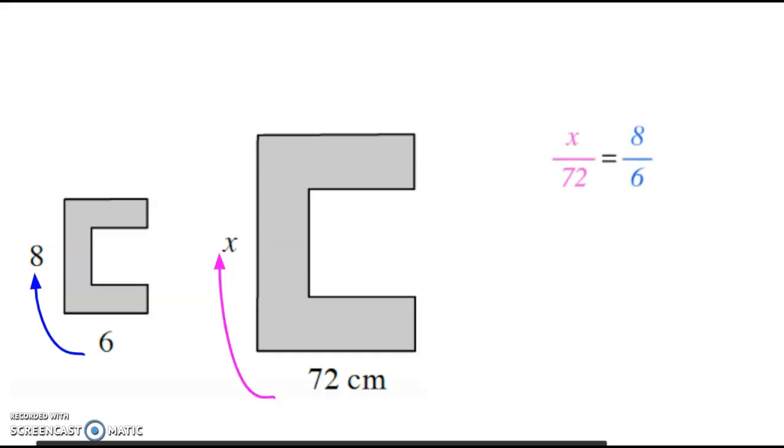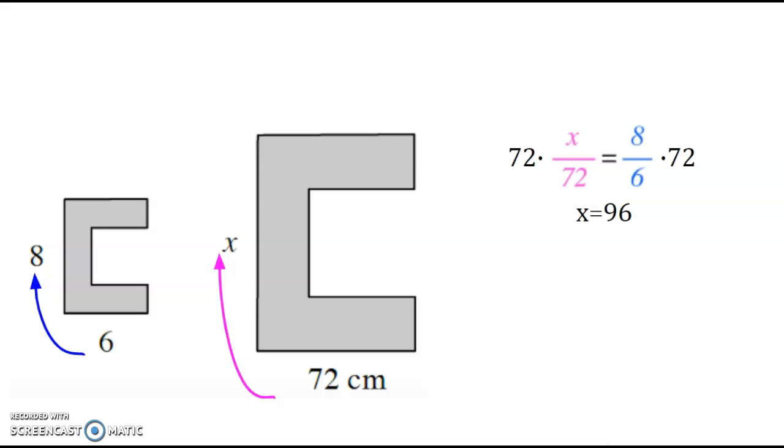I can also set this up as x divided by 72. What does x correspond to in the other polygon? It's 8. So 8 occurs at the top, followed by divided by 6. 6 and 72 correspond, so they're the two bottom numbers. If I multiply both sides by 72, you'll also get x to be 96, the same answer that we got previously.